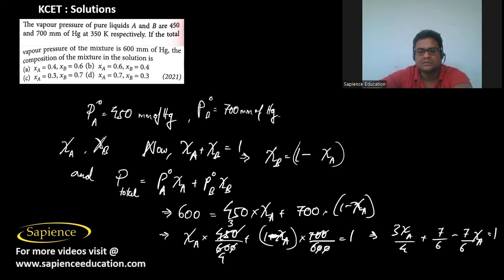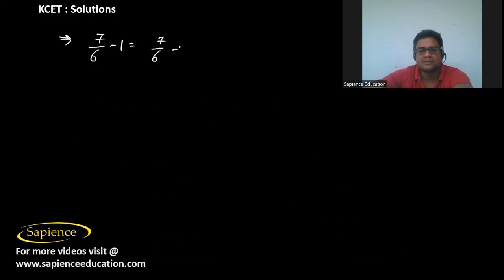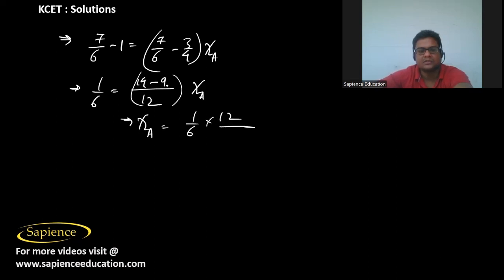Therefore, 7 by 6 minus 1, that is 1 by 6, equals 7 by 6 minus 3 by 4, into chi A. The LCM is 12: 6 twos are 12, 2 sevens are 14, minus 4 threes are 12, 3 threes are 9, so 5 by 12, into chi A. Therefore chi A equals 1 by 6 into 12 by 5, so 2 by 5, that is 0.4.